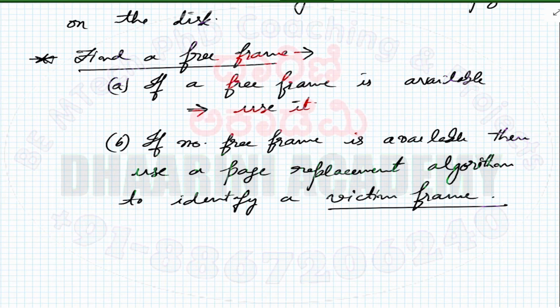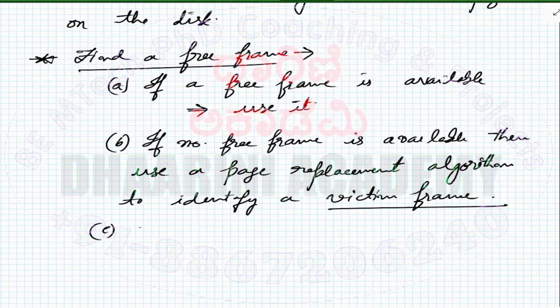You will identify a victim frame. Now, in order to make that victim frame a free frame, we need to write the victim frame to the disk, and change the page and the frame tables according to the operation we carry out, so that it becomes a free frame.